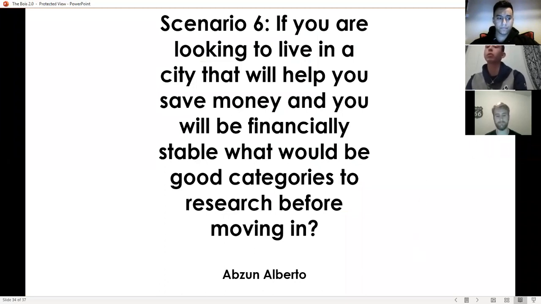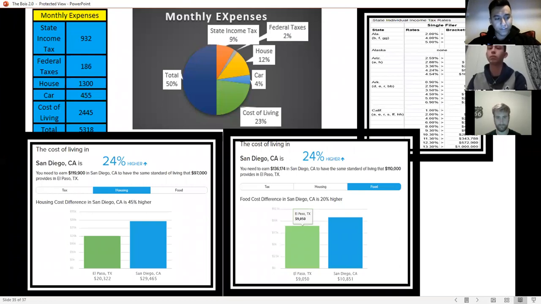Alberto, if you are looking to live in a city that will help you save money and you will be financially stable, what would be good categories to research before moving in? Okay, so there are many categories to do research on before moving into a typical city that you are looking to move into. First of all, you want to look up the most important expenses you will have living in the city.